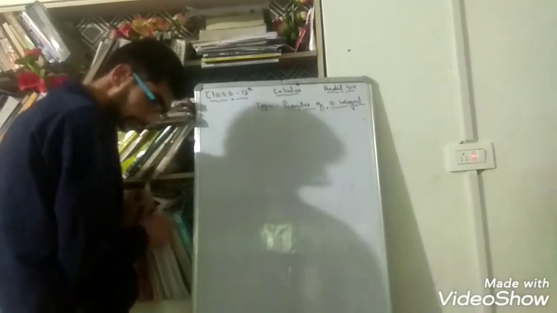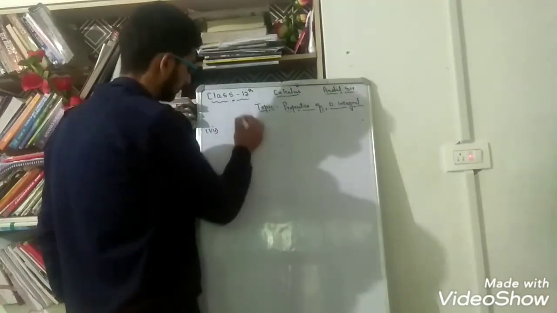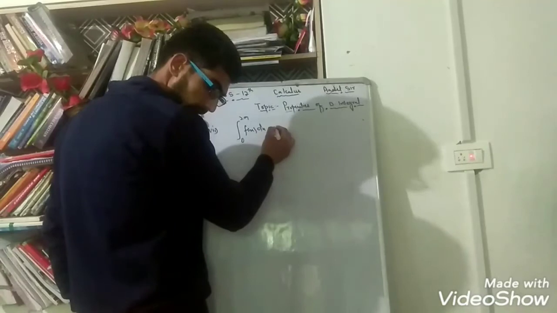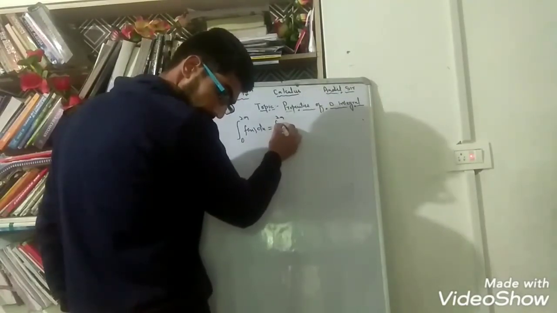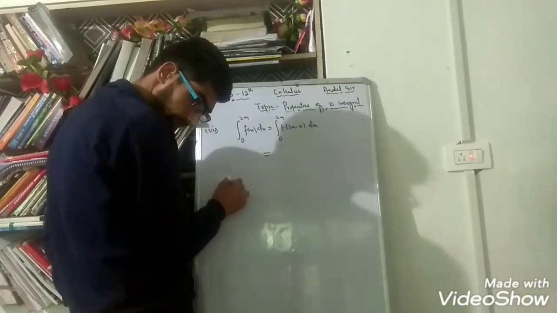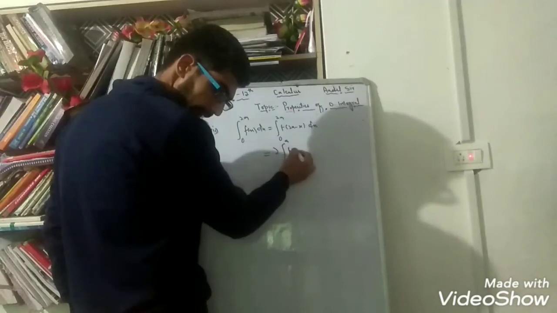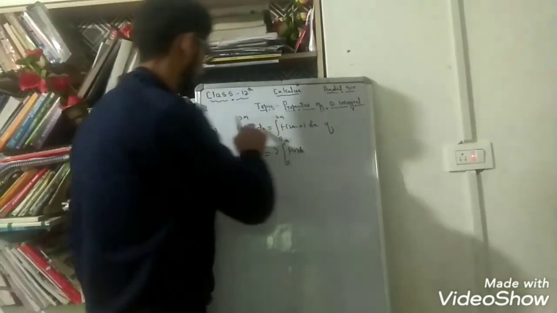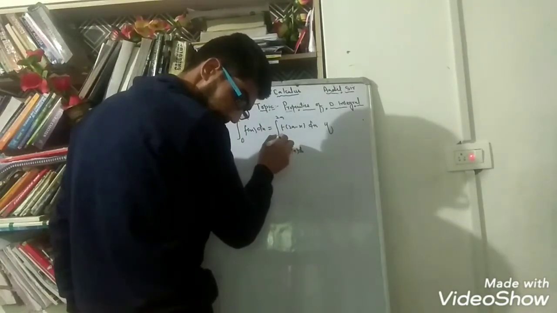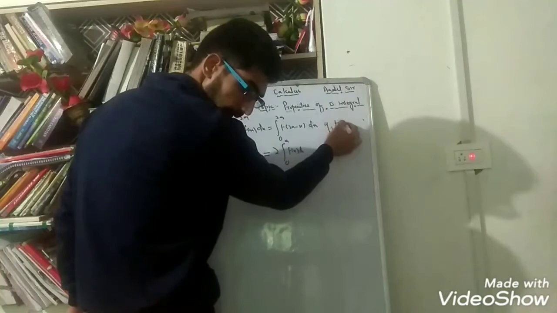The property is the seventh one: the integral from 0 to 2a of f of x dx is equal to the integral from 0 to 2a of f of 2a minus x dx, same as property number 5, and it is also equal to twice the integral from 0 to a of f of x dx, if and only if f of 2a minus x is equal to f of x.